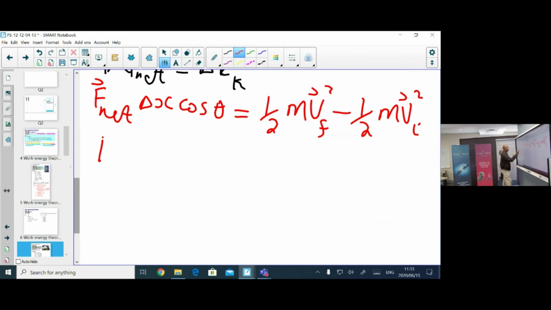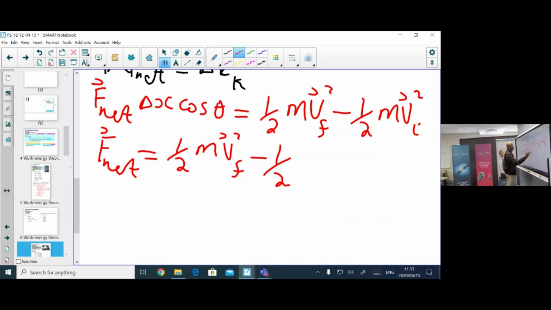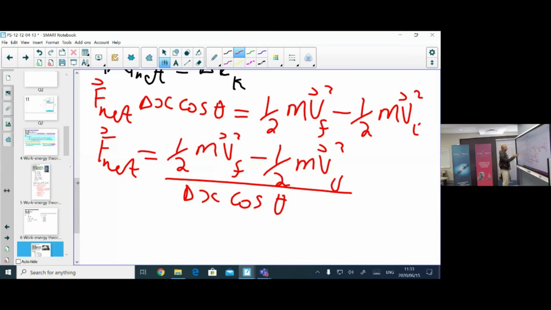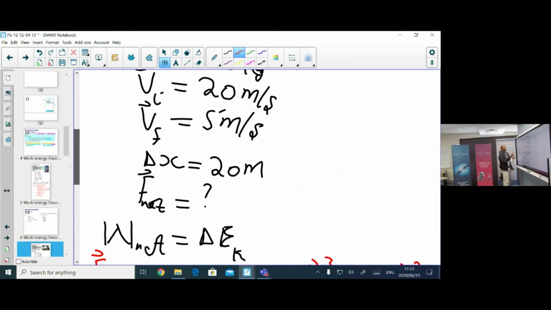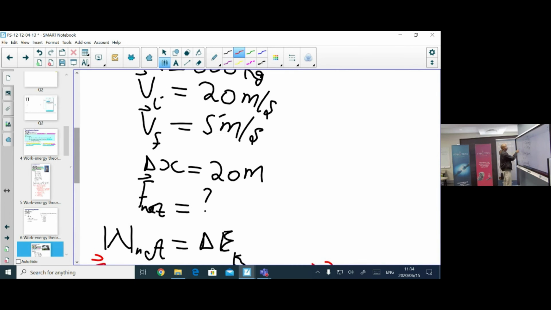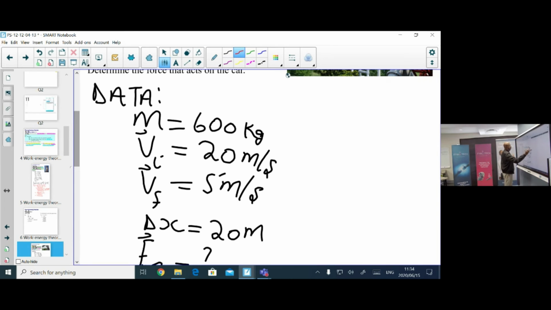F net, which is equal to half m v final squared minus half m v initial squared, divided by change in x cos theta. All right, if you can go back there, let me just say your theta is equal to 0 degrees. Okay.